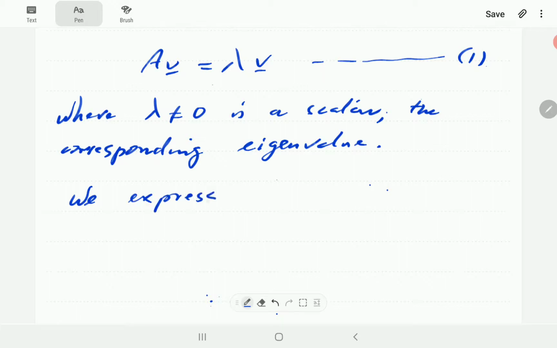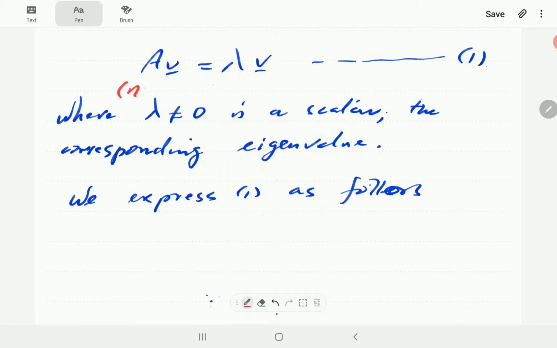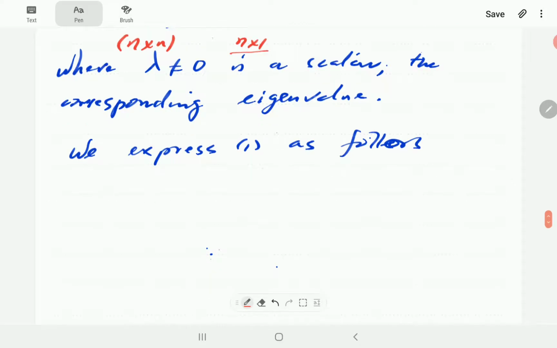The left hand side is n by n, whereas the right is n by 1, so we have to manipulate this side so that it is also n by n.